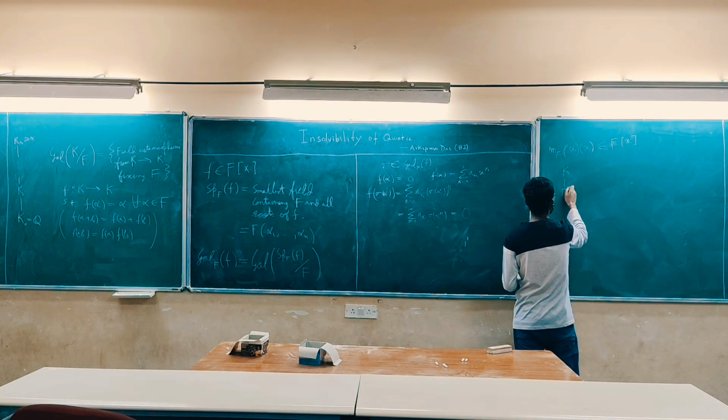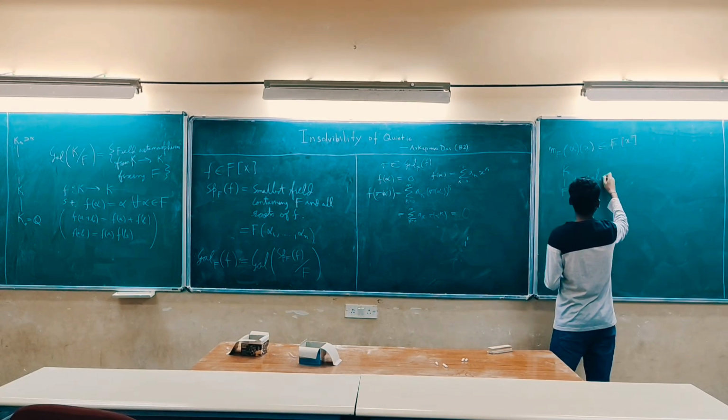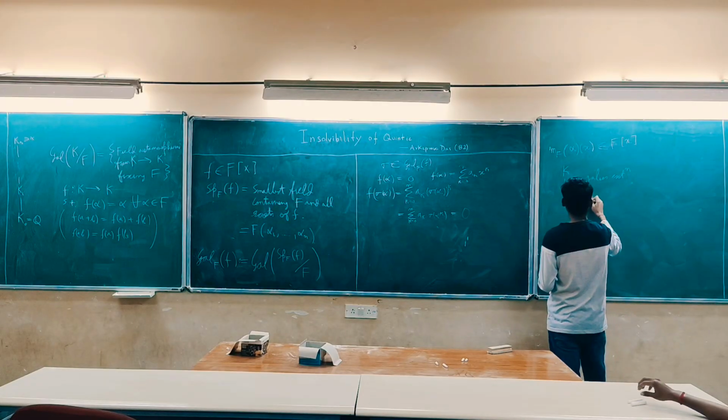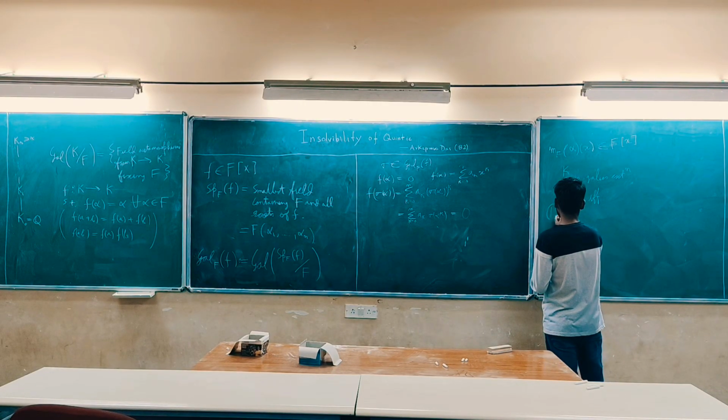K over F is a Galois extension if and only if two conditions are satisfied.